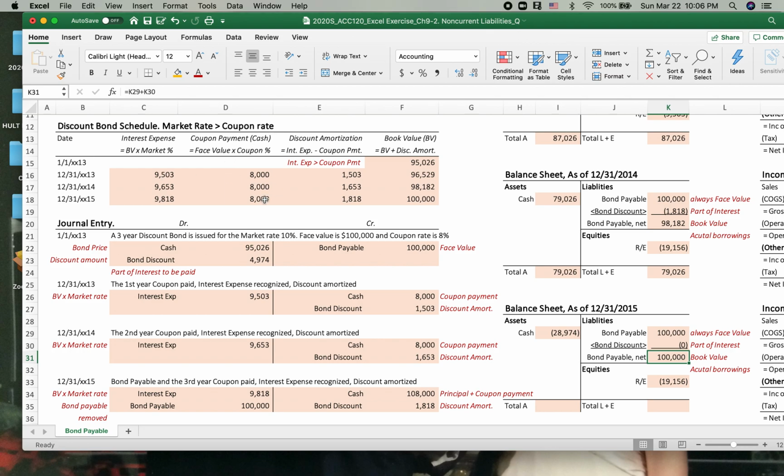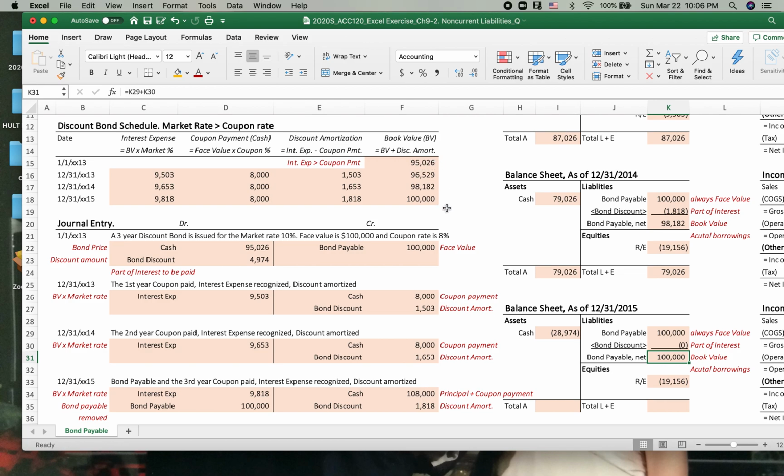The difference between the two is the discount amortization that shouldn't have been distributed to the investors, but the company didn't, because the company will give back the investor $100,000 even though the company received $95,000 when the company issued the bond.